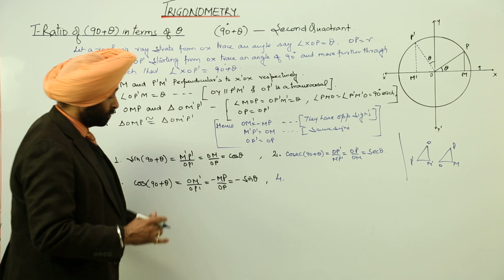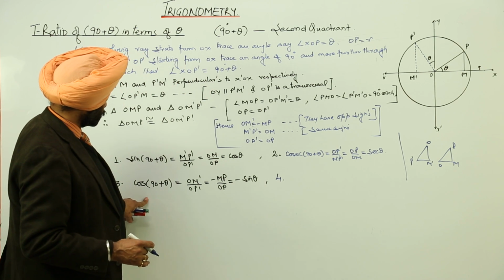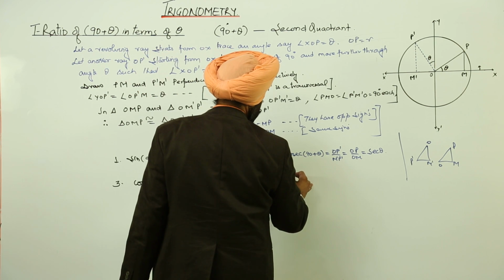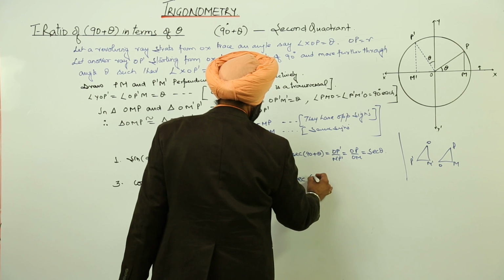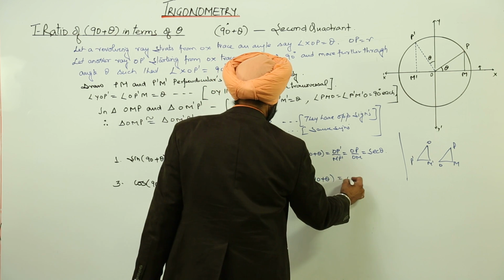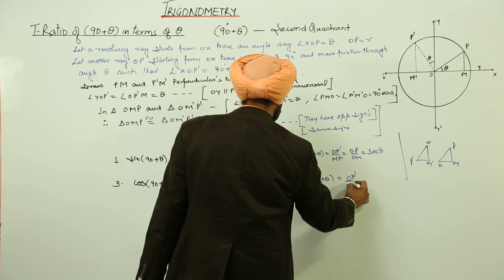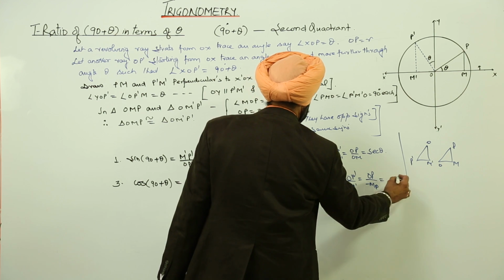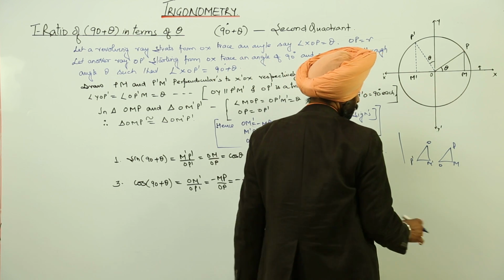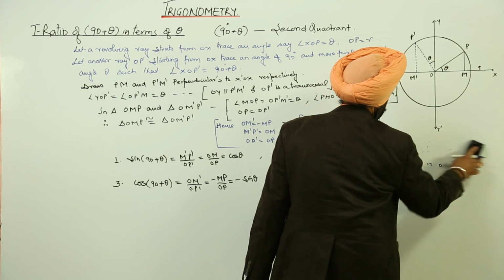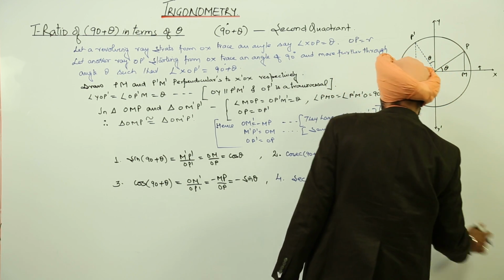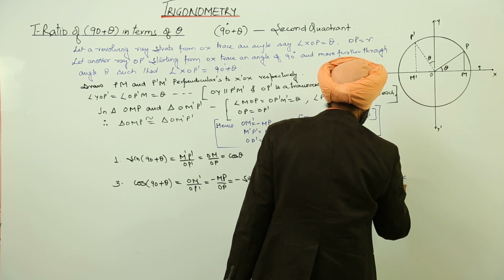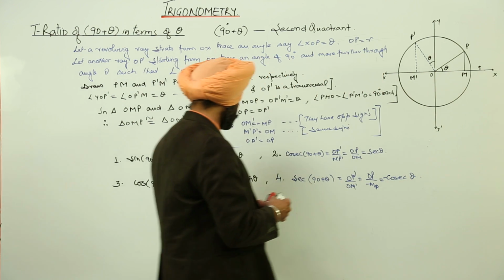Now 4 will be the reciprocal of cos 90 plus theta. Secant 90 plus theta will be OP dash upon OM dash, which is equal to OP upon negative of MP. Now this is equal to minus cosecant theta.